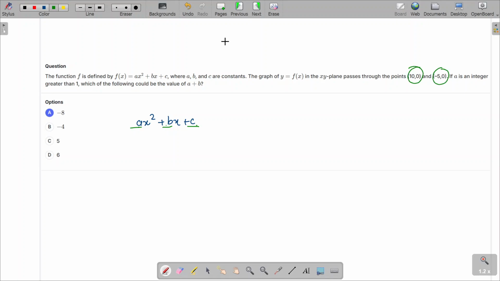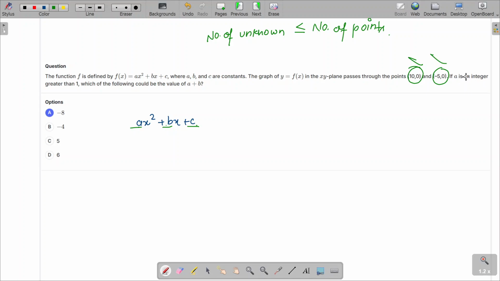Now I told you when we were doing regression that the number of unknowns should be either equal to or less than the number of points. Suppose there are two unknowns, at least 2 points should be given. If there are more points than 2, it's okay. If there are three unknowns, 3 points should be there, but there are only 2 points.